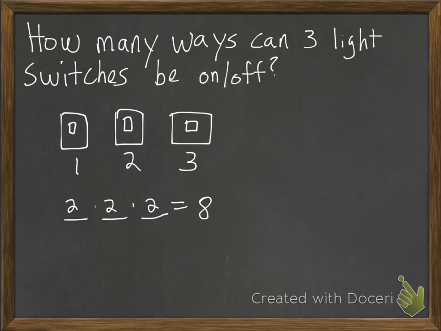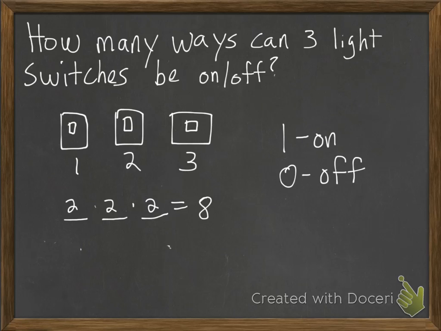Those outcomes could be anywhere from all 3 being on to all 3 being off. We could list these out to save a little bit of space. Let's say we want to use the number 1 to represent the switch is on and the number 0 to indicate the switch is off.